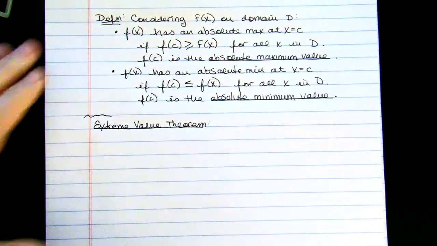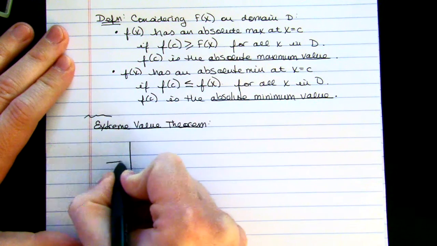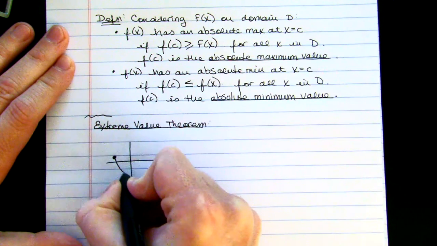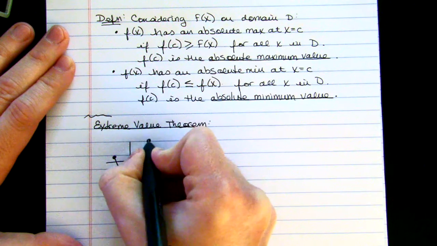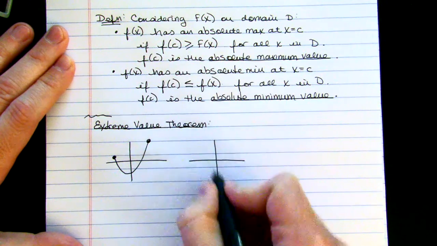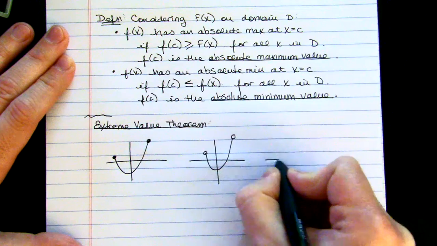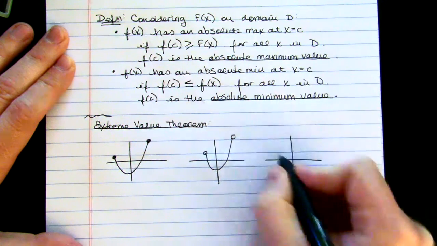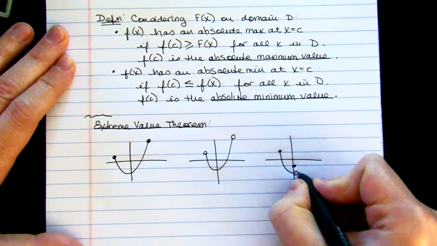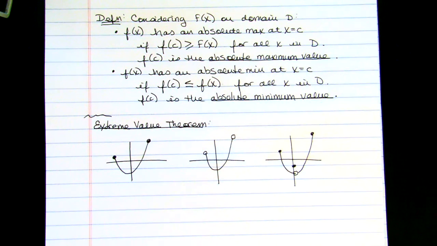I think before I give you that theorem, we're going to look at three graphs. How about you take a moment and copy these down? They're pretty similar, but there are some little differences.